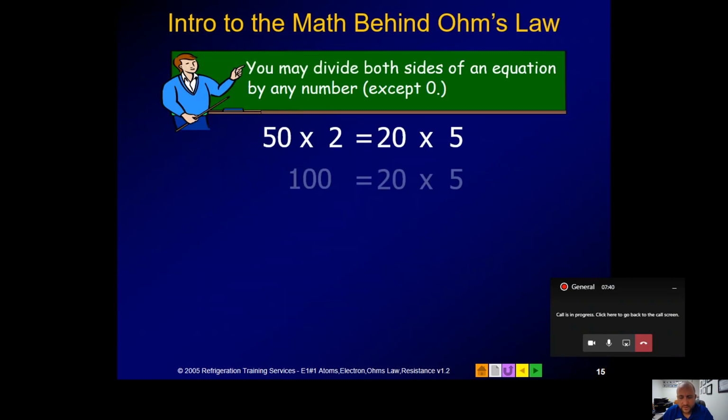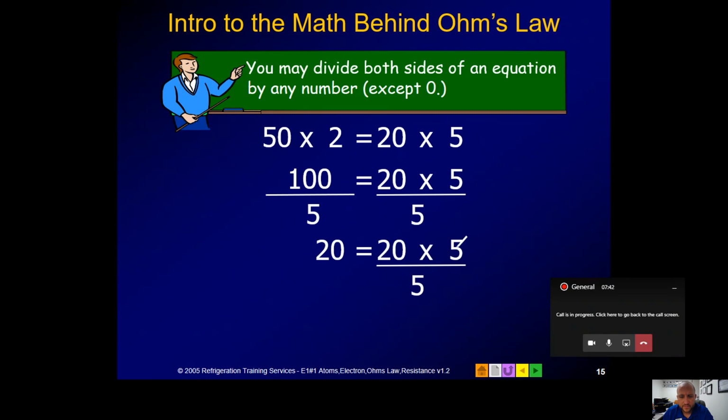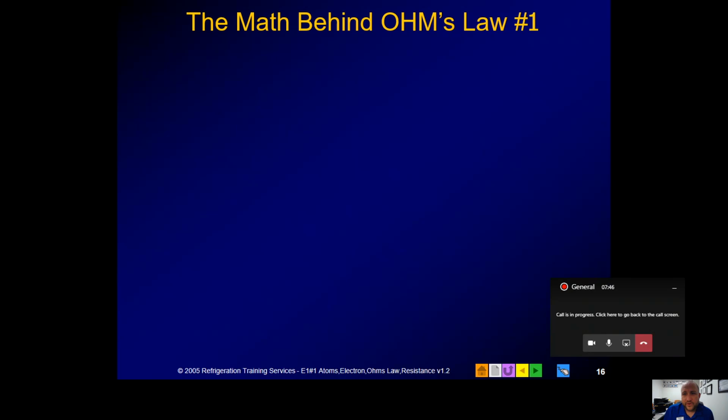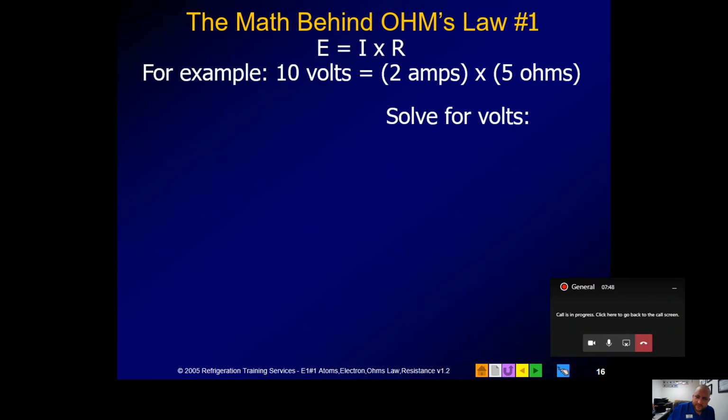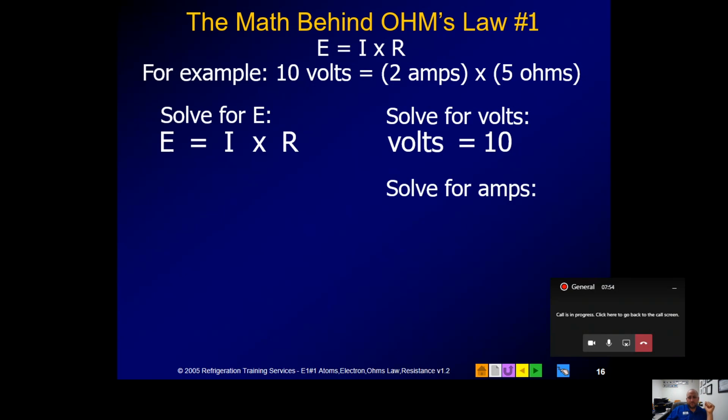All right, so I'm not going to spend a ton of time on this because it kind of gets redundant, but this goes through the algebra of it all, the math behind it. So here's your example. All these numbers should add up if you're calculating it. So if you know that, for example, you have a circuit that's drawing 2 amps and its resistance is 5 ohms, then the voltage drop across that should be 10 volts.